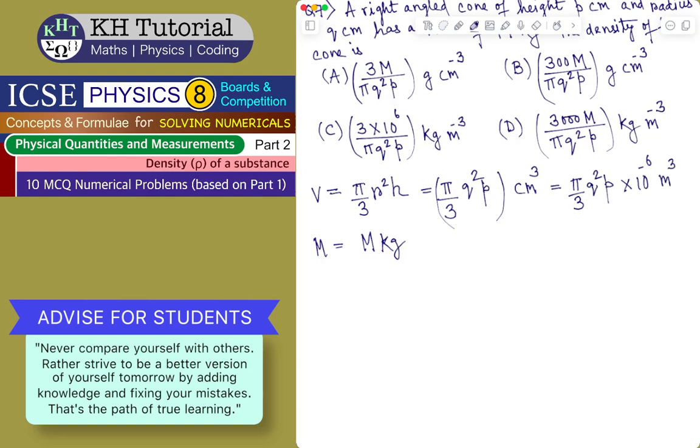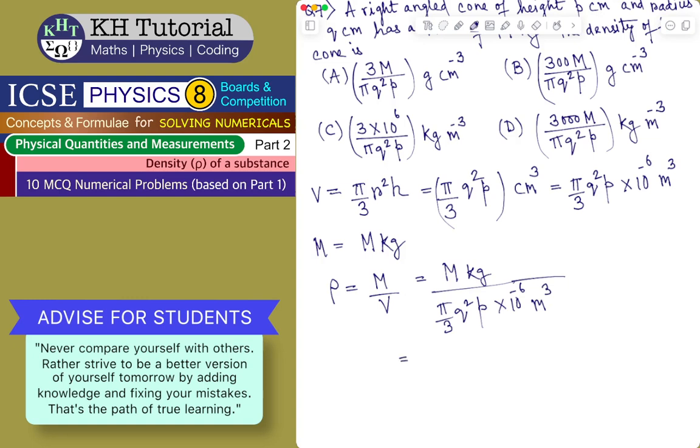So the density is mass by volume. Mass is given as capital M kilogram, and the volume is pi by 3 q square p multiplied by 10 to the power minus 6 meter cube.